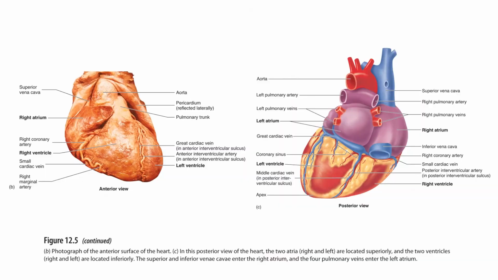Okay. So this is now the posterior view. Okay, comparing it from an actual model and from a model that's a drawing. Okay, so that's how you compare them. So actually, it's easier to memorize when it's colored.